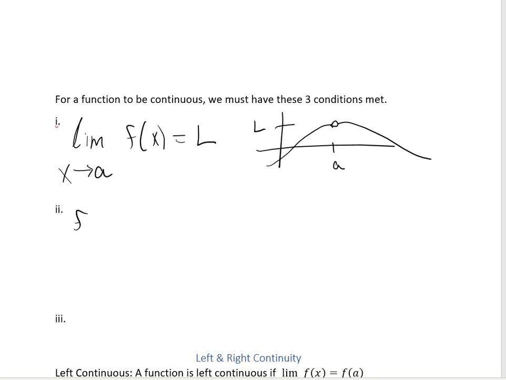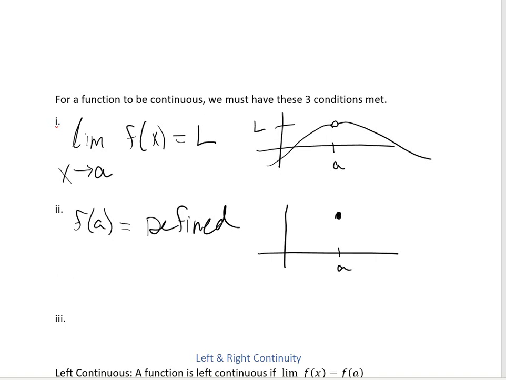The other thing is that if we plug a into our function, we want it to be defined. So what that means is if I plug a into my function, it would be really cool if I actually got f of a out.